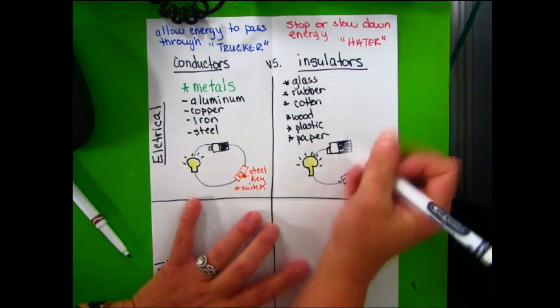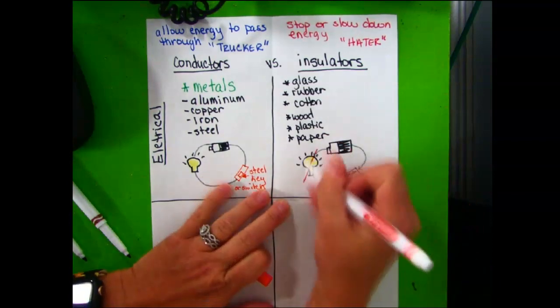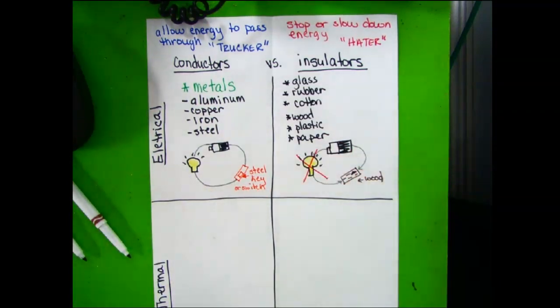And I'm going to put an X over my light bulb because I want to show that it is not going to come on if there is a piece of wood.